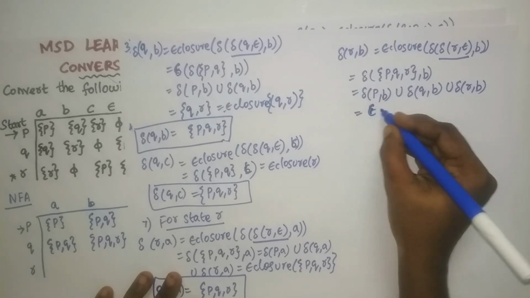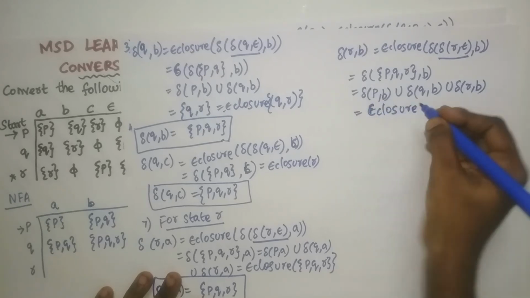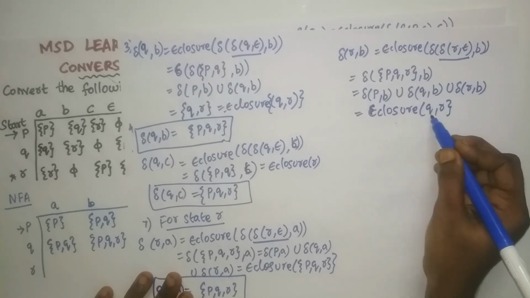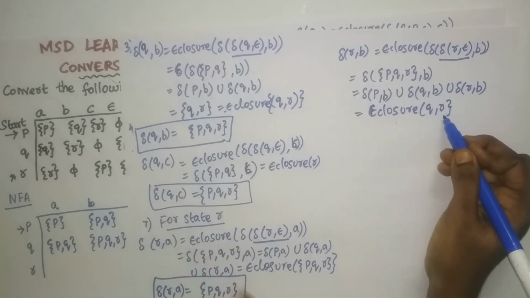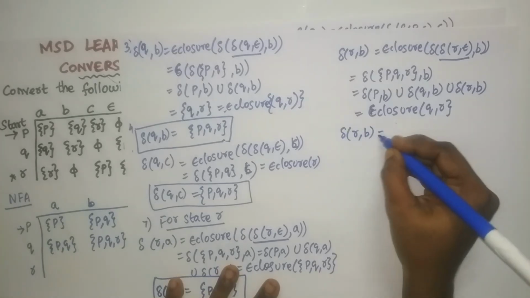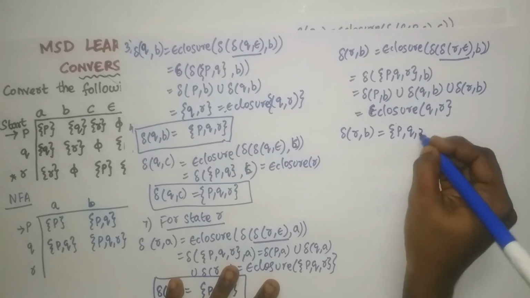So it is {Q, R}. So epsilon closure of {Q, R} will be equal to epsilon closure of Q union epsilon closure of R, which is {P, Q, R}. So δ'(R, B) is also {P, Q, R}.